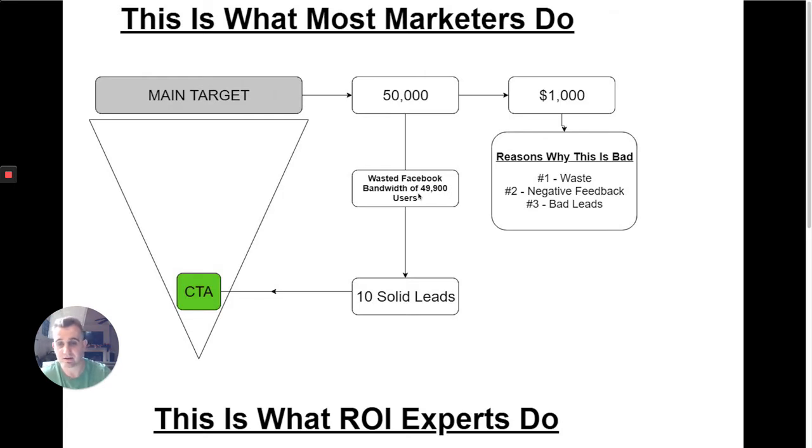So that data goes back to Facebook, and Facebook's like, well, out of the 50,000 people we showed this guy's ad to, only 100 people liked it. So let's give that ad a bad rating, a negative feedback. It's giving Facebook negative feedback, which increases your ad spend amount.